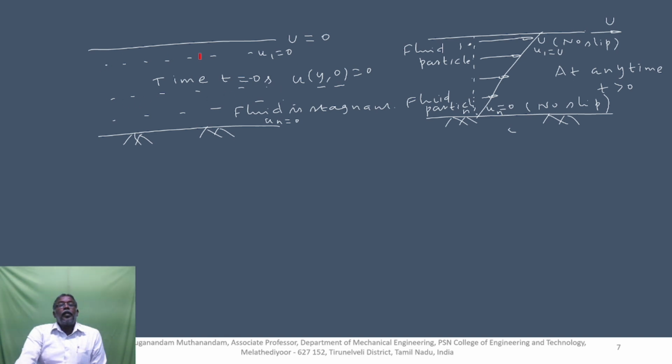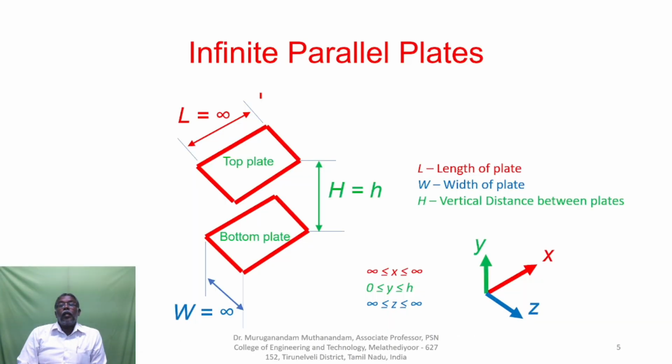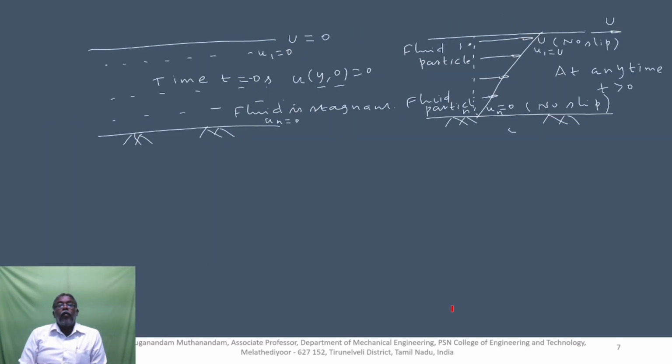Hence, everywhere within the flow domain, with limits varying from minus infinity to plus infinity along the x direction, 0 to h along the y direction, minus infinity to plus infinity along the z direction, this is the flow domain. In the entire flow domain, velocity is 0. U, the x component of velocity, is 0 everywhere.